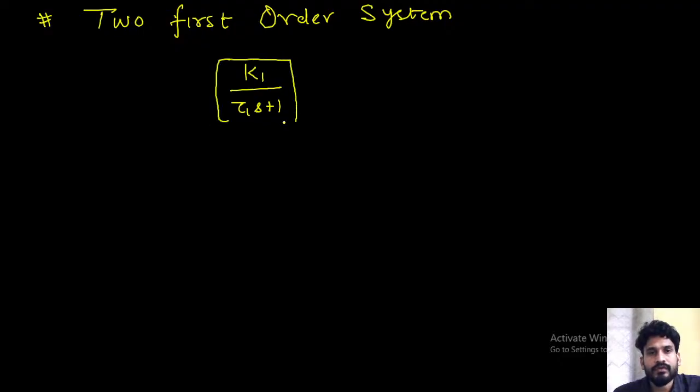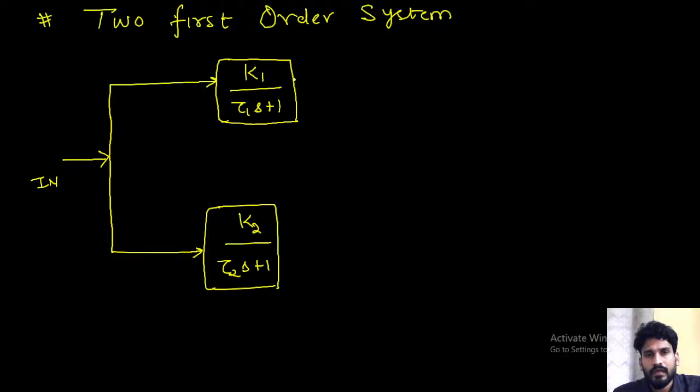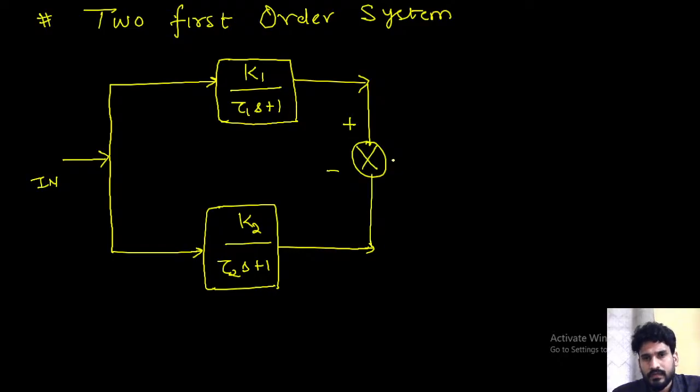This is the transfer function for the first one, and this is the transfer function for the second one. This is my input, and this is going plus, minus, and this is my output.